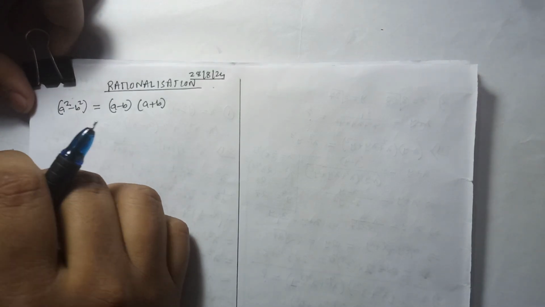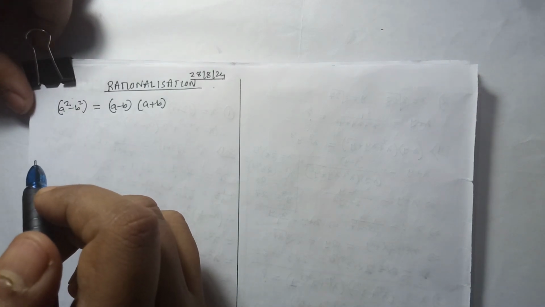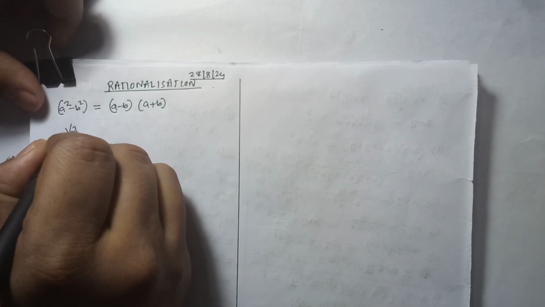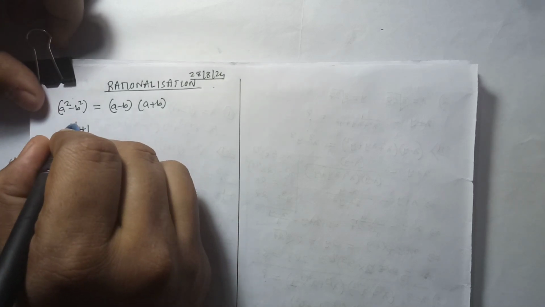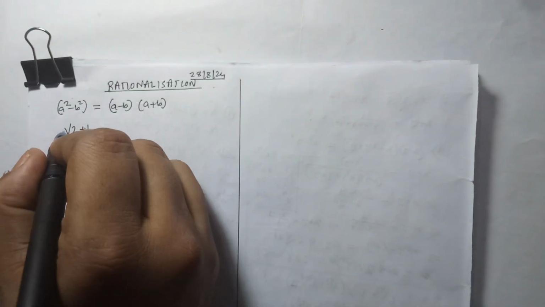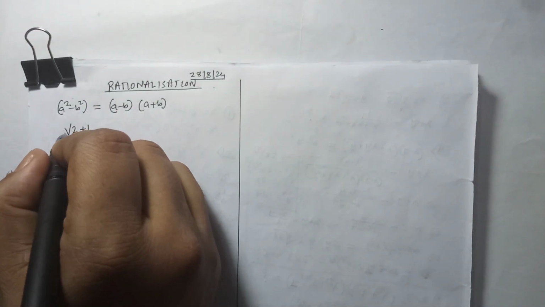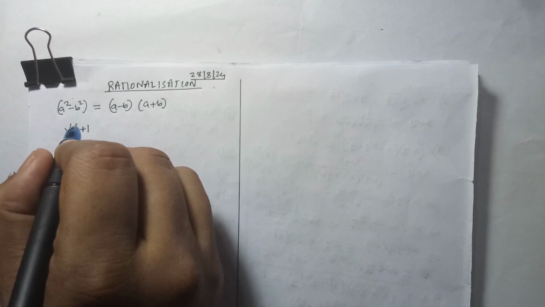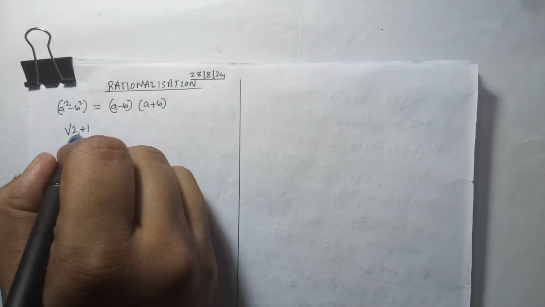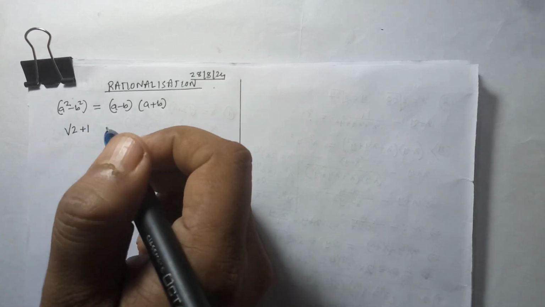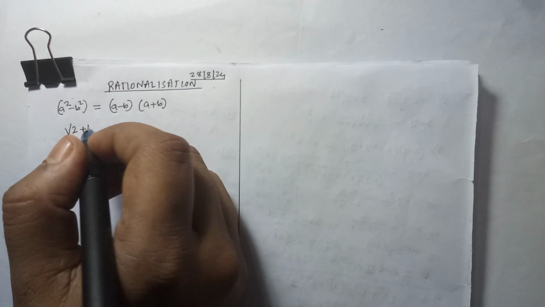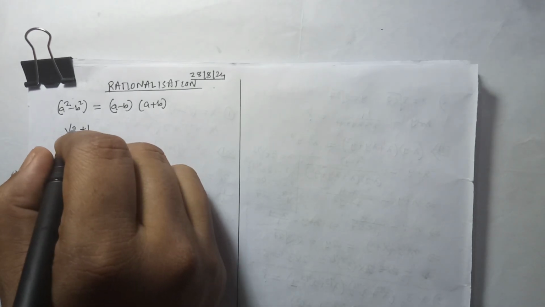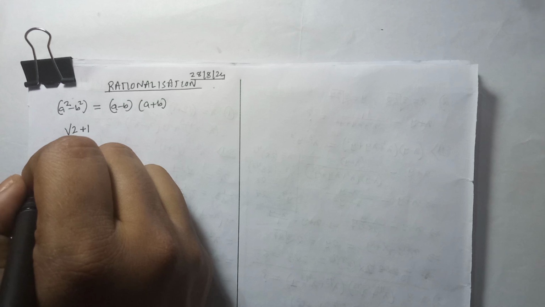Now also we have learned in the real numbers that when we add an irrational number to some real number, the number is irrational. Root 2 is an irrational number. So when we add or subtract a real number with an irrational number, the resultant is an irrational number. Now we have to convert this irrational number into a rational number. So how can we do this?